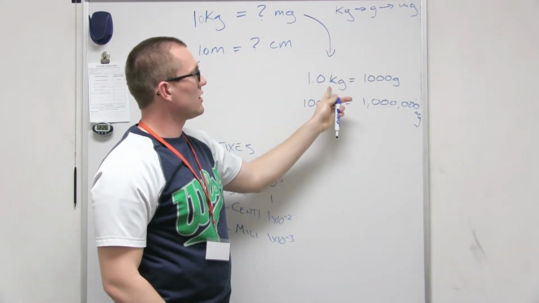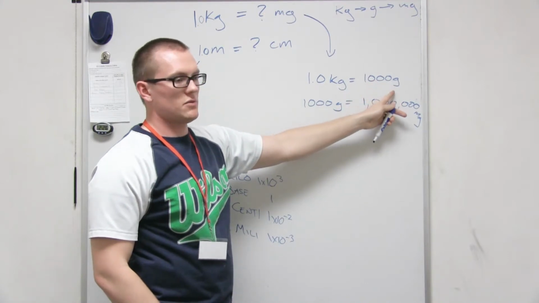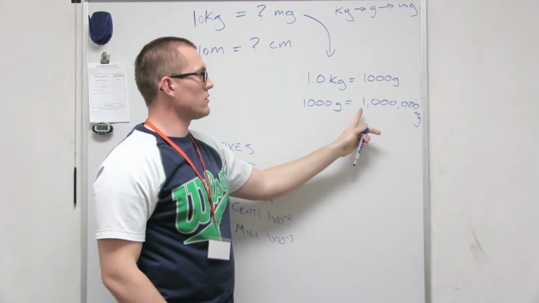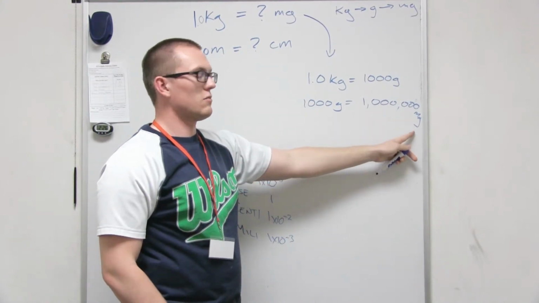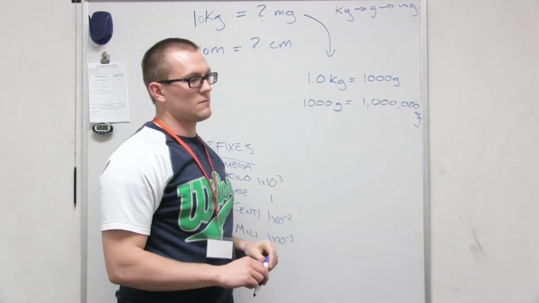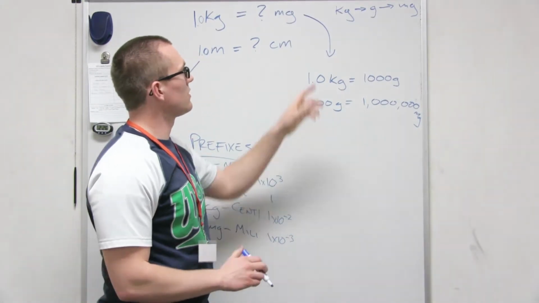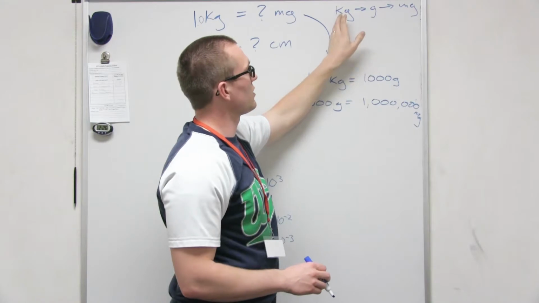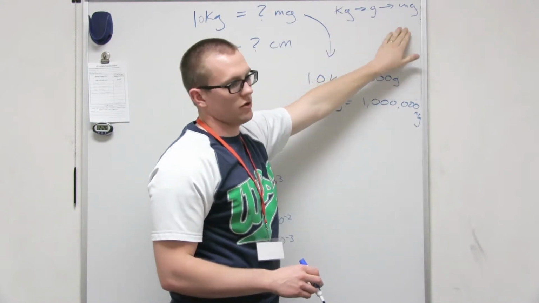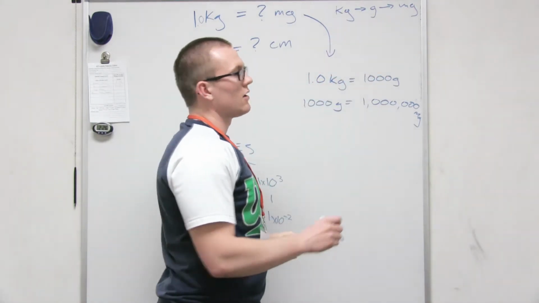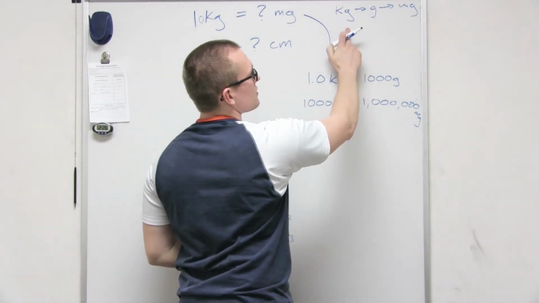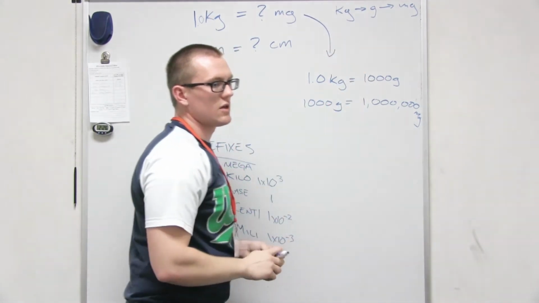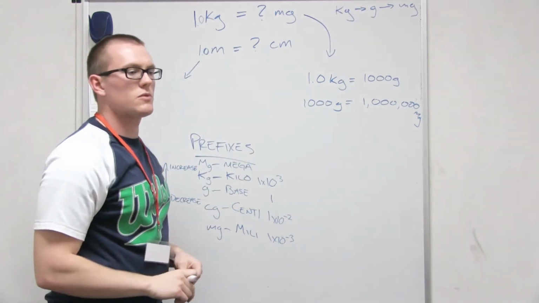So 1 kilogram equals 1,000 grams, and then 1,000 grams equals 1 million milligrams. The conversion from kilograms to grams and from grams to milligrams is the same. You move the decimal point to the right 3 times each time.